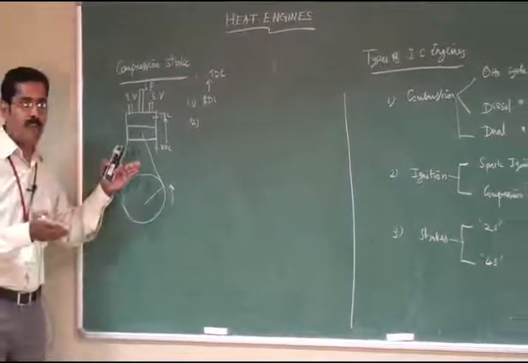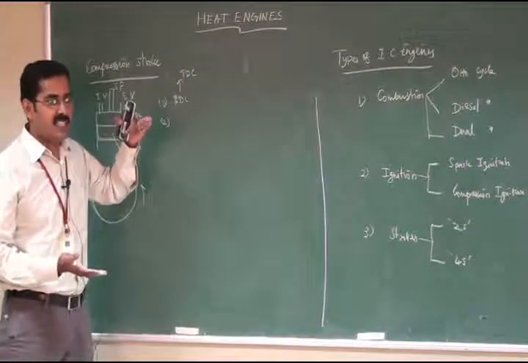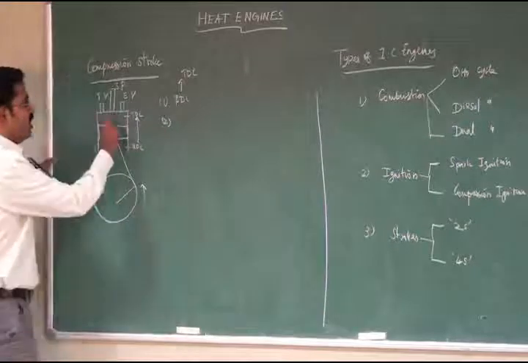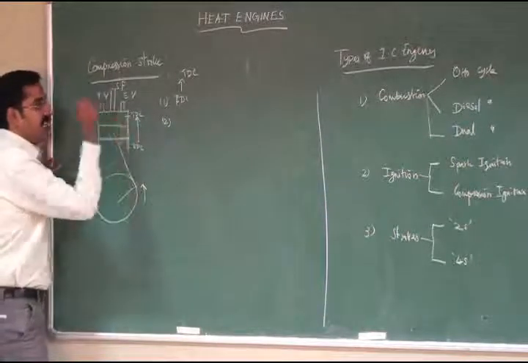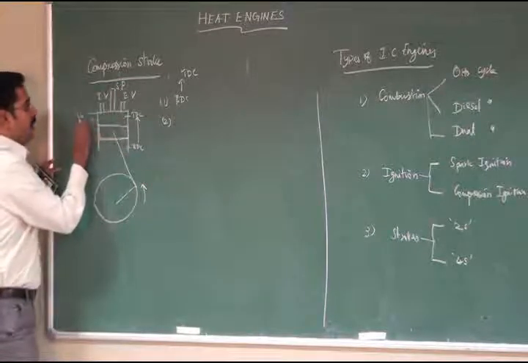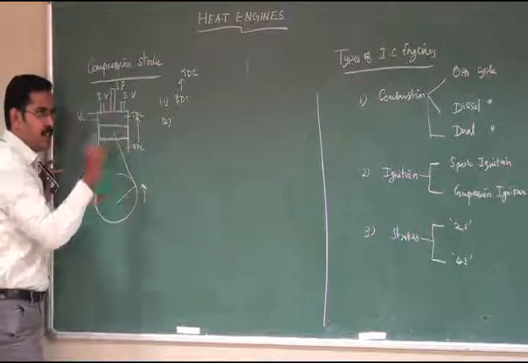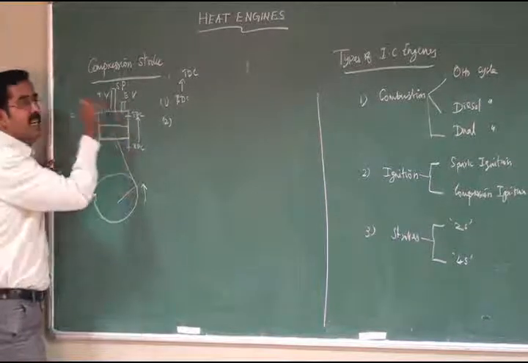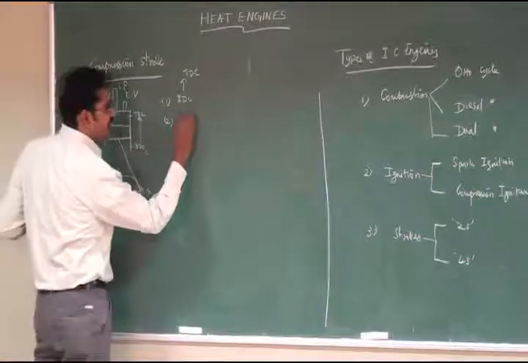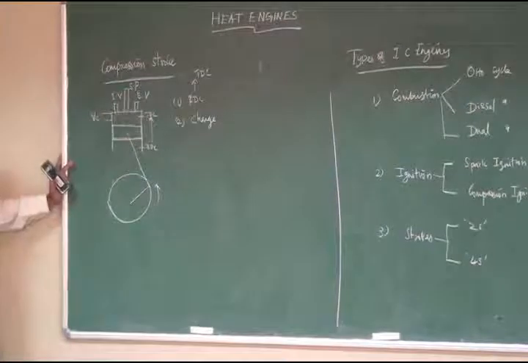The cylinder is already full of air fuel mixture, which gets compressed and is stored in the clearance volume. The air fuel mixture at the compressed state, that is high pressure and high temperature, is present in the clearance volume. That is technically called charge.